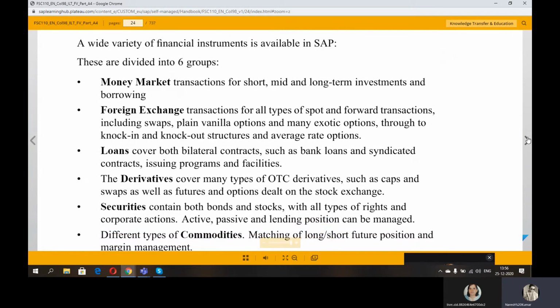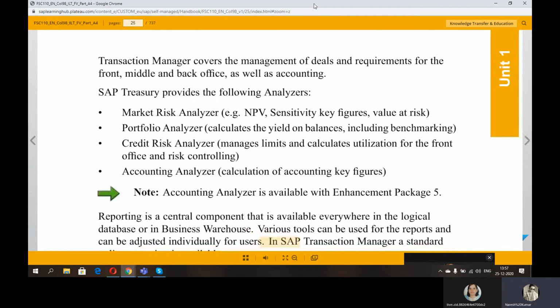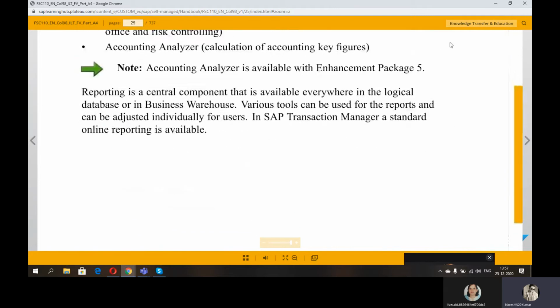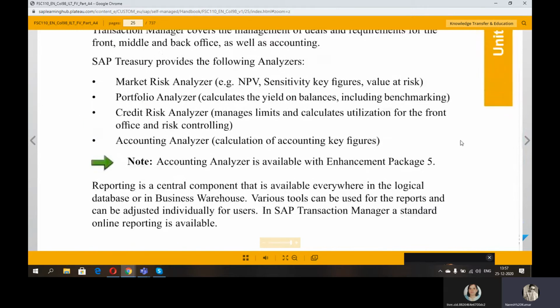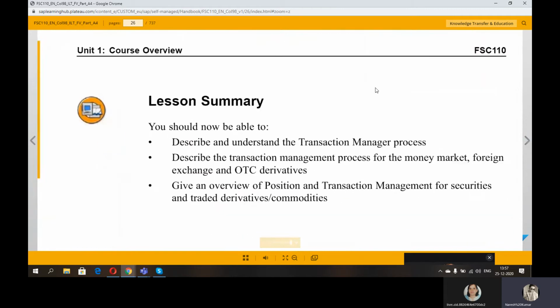Coming to the next prospect, we'll have a transaction manager, which we are going to cover with the deals and requirements of front, middle and back office, as well as accounting. So this is an overview of which analysis we are going to do, and reporting with the central components available. So based on this, we will be able to make the required options.